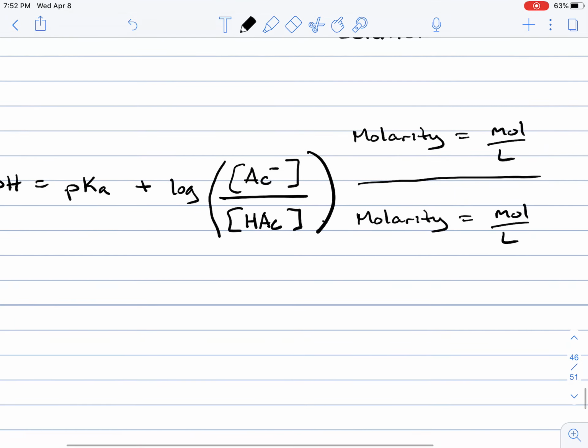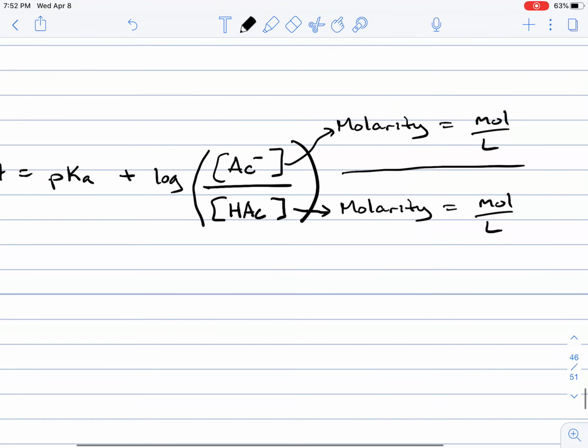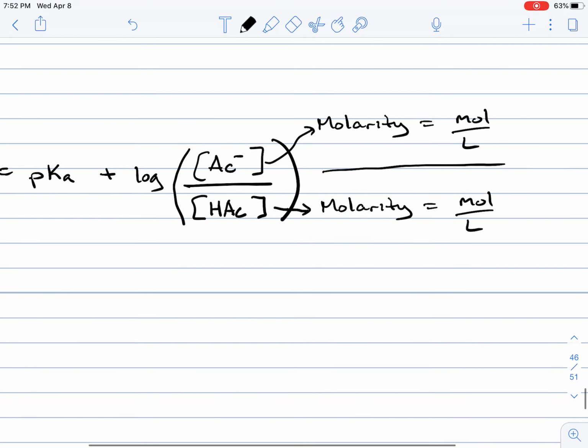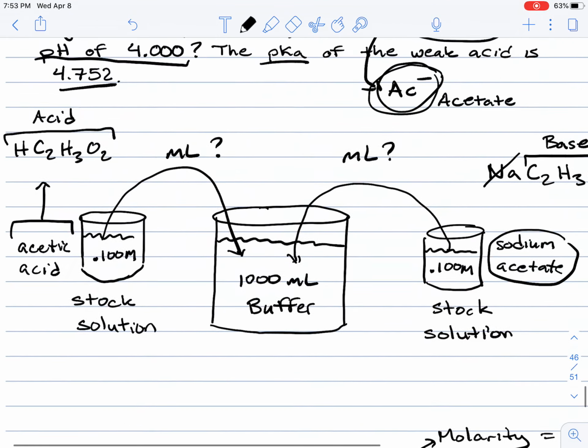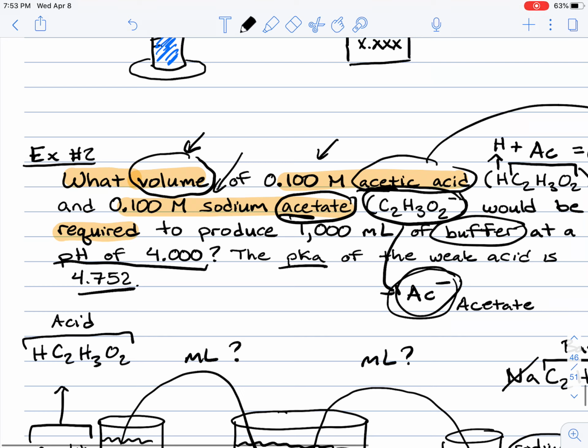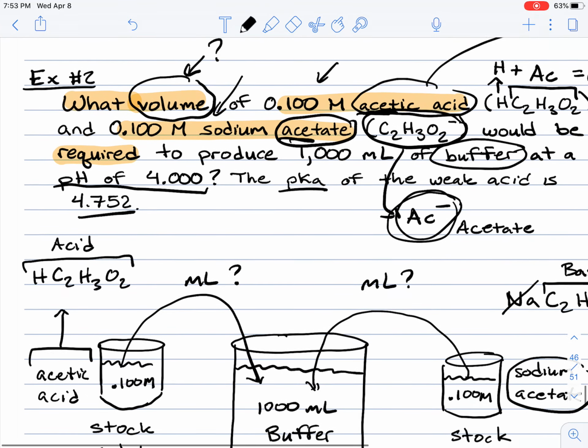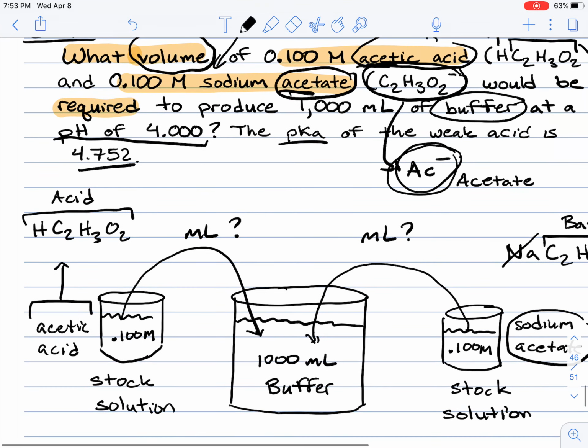Once again, this bracket is representing molarity. And if you recall, molarity is a ratio of moles per volume. If you look at what the question is asking us to find, we're trying to determine the volume of each of these substances that we're going to put in another beaker to make our buffer.